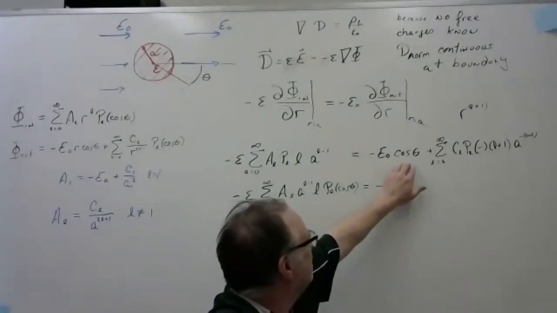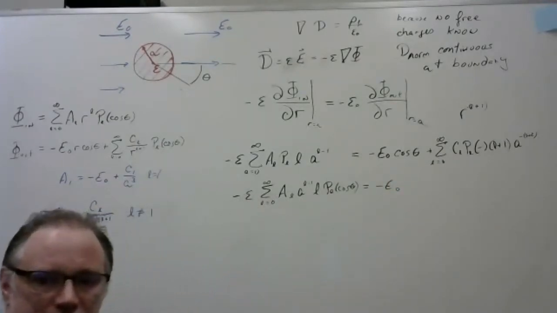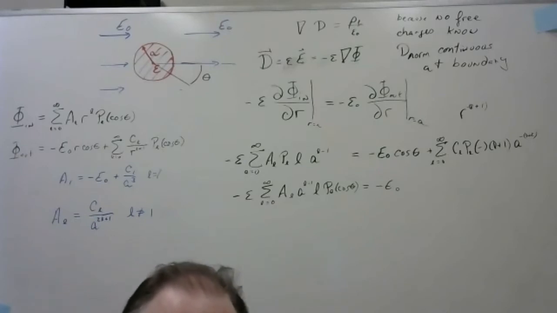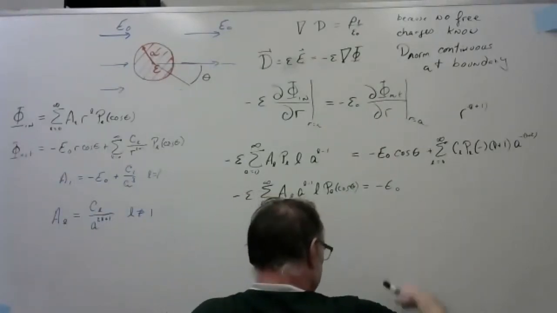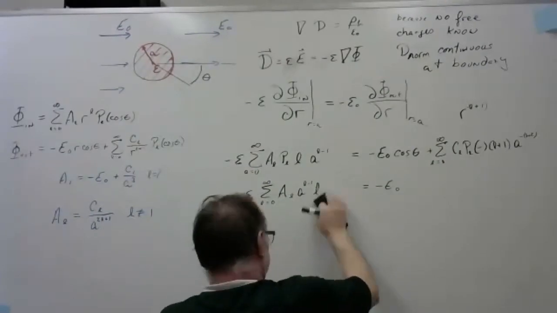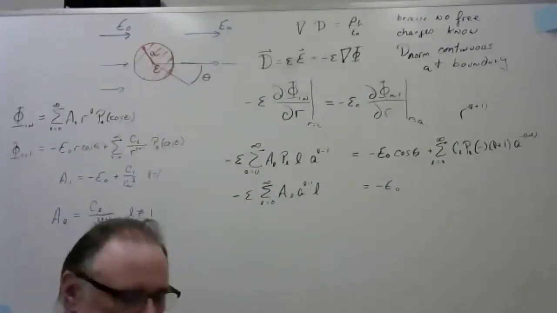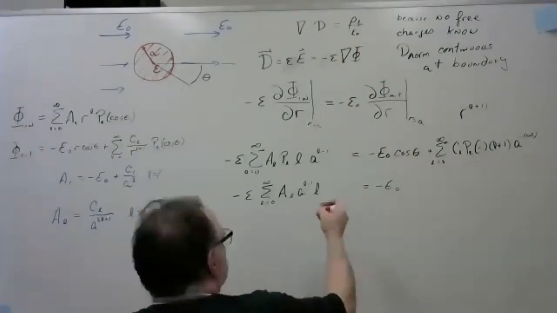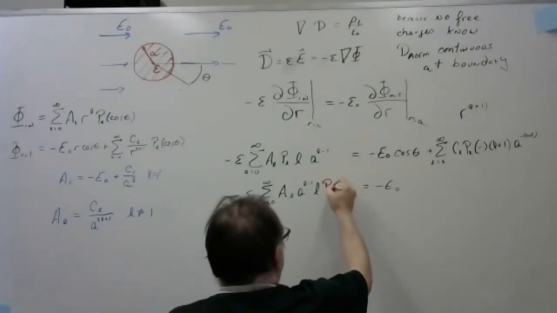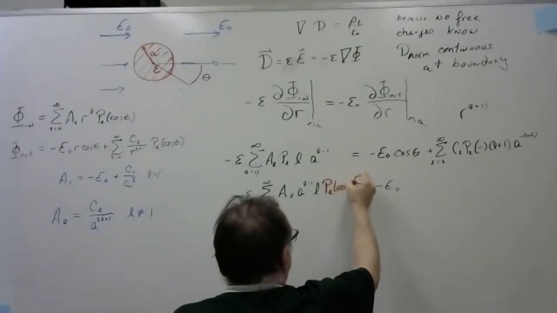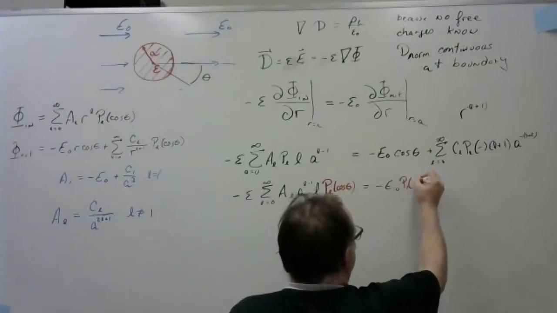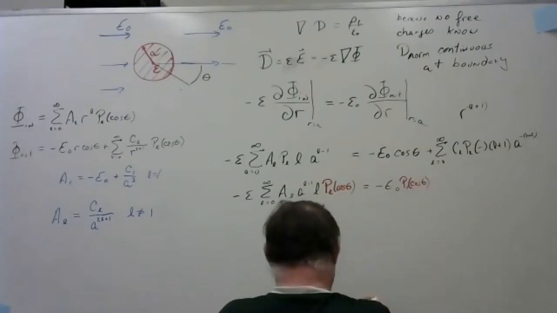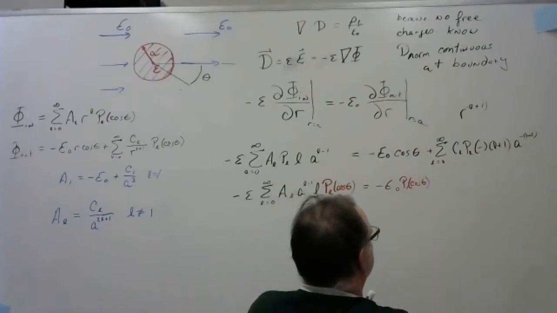I want to write that in terms of Legendre polynomials. What's cosine theta in terms of Legendre polynomials? Just P1? It's just P1. So this is P1. In fact, I'm going to highlight these. Here's PL cos theta. Here's P1 cos theta. Plus the rest of this stuff.